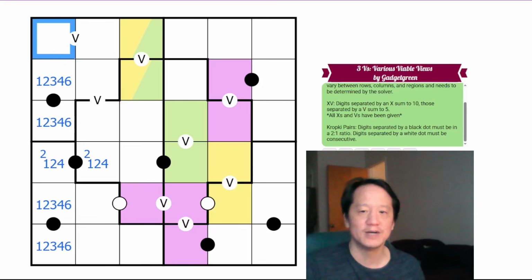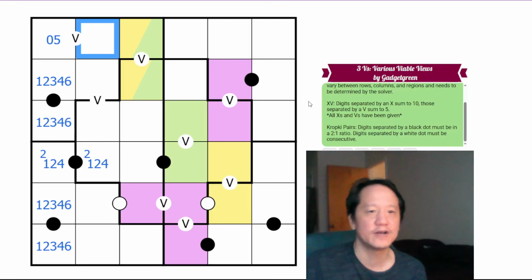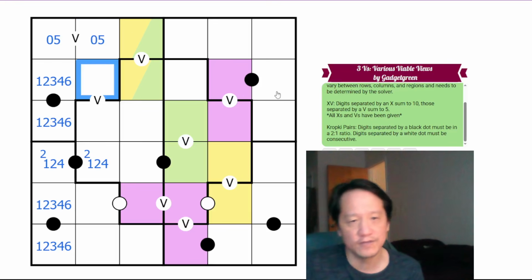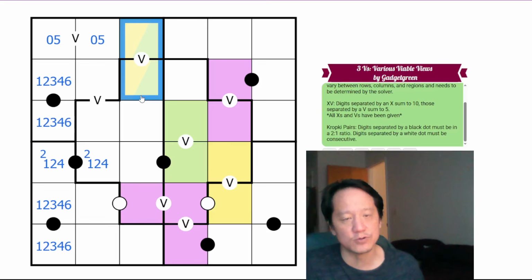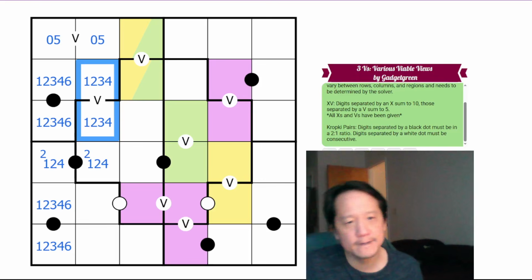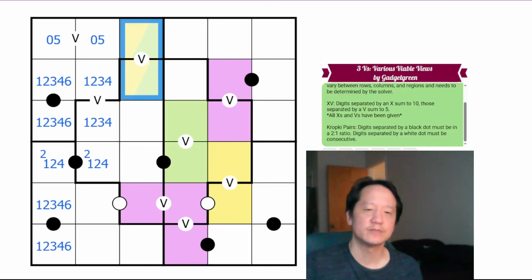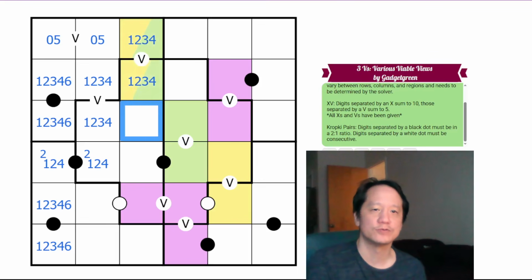This digit must be 0 and 5. To add up to 5 with 0 and 5, this must be 0 or 5, which means this cannot be 0 or 5 here. This cannot be a 0, 5 pair, so this is 1, 4, or 2, 3. This cannot be a 0, 5 pair, so this is also 1, 4, or 2, 3.